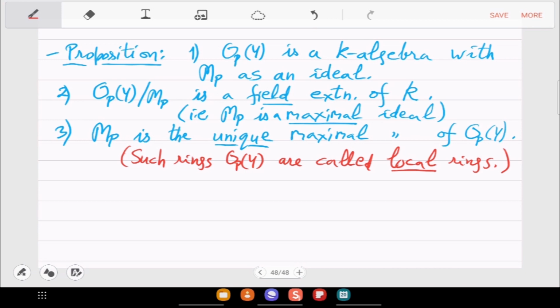At a point it should be regular, which means that around an open neighborhood U, f should equal g by h, where g and h are coming from the coordinate ring, which you can think of as the polynomial ring. So g and h are just polynomials.